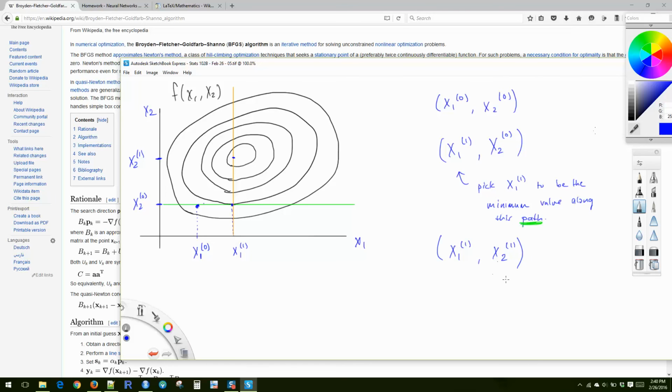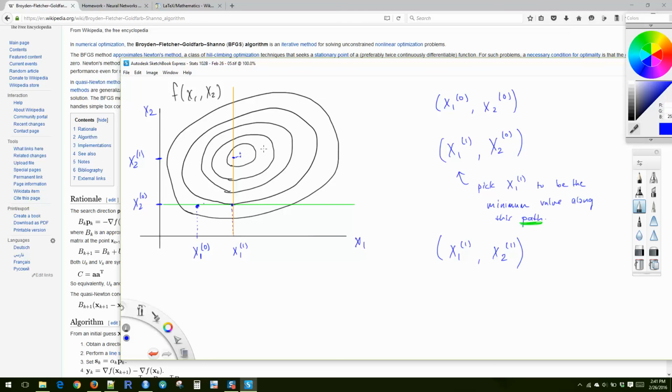And then now we just repeat the process. We're going to search along here and then search along here until we get to some place where it feels like it's converged. So this is coordinate descent. Does it always converge quickly?